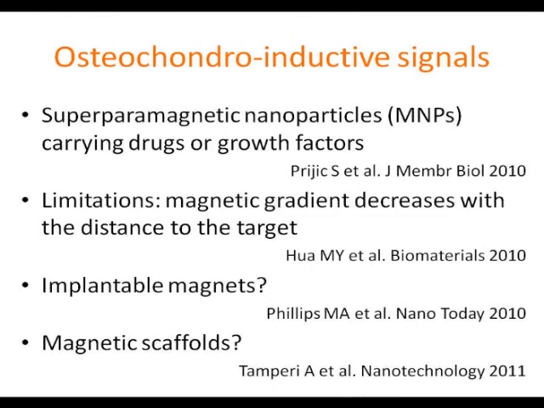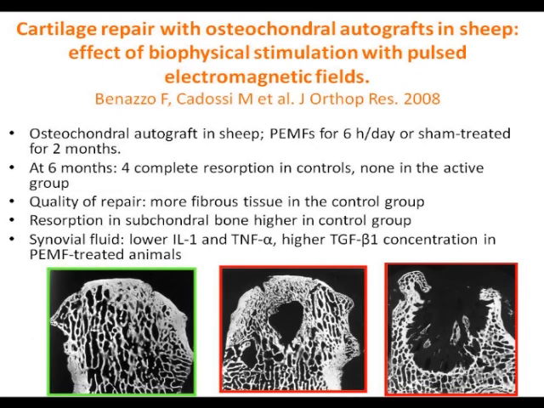So again, here in the cartilage, and just to underline what I told you before, in the cartilage recreation, regeneration, we should consider also the bone. This is a paper I published in the Journal of Orthopedic Research 4 years ago, and I've done a mosaicplasty, so I put a cylinder of bone and cartilage in the sheep, and this is the result with the pulse electromagnetic fields, and here the results with the sham stimulation of the sheep.